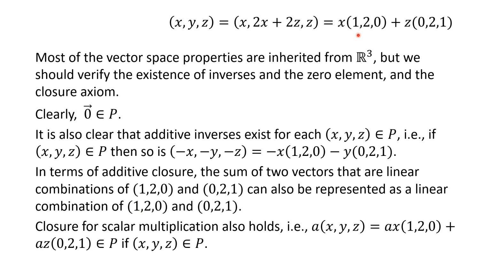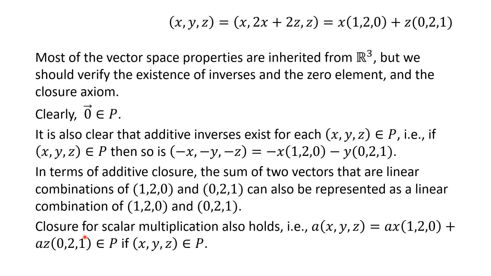I didn't write it out, but if you have one vector in our set P, you can take it as x sub 1 times this vector plus z sub 1 times this vector, and then x sub 2 times this vector plus z sub 2 times this vector for the other element in P. And then when you add them together, you're just going to get x1 plus x2 times 1, 2, 0, and z1 plus z2 times 0, 2, 1. So you may want to write that out and do it as an exercise.